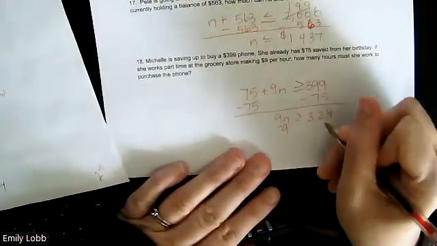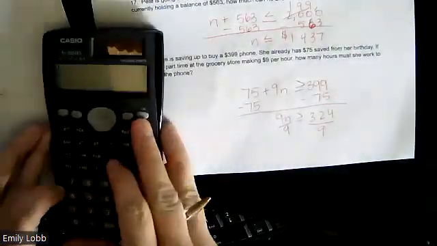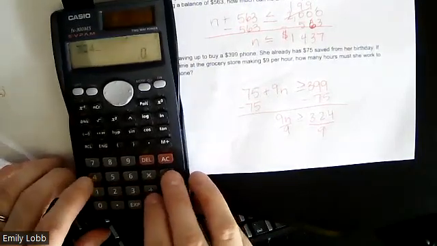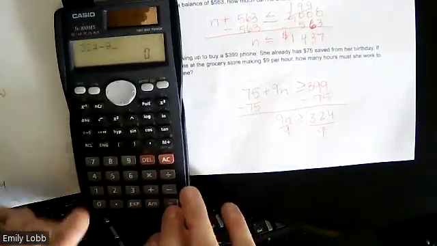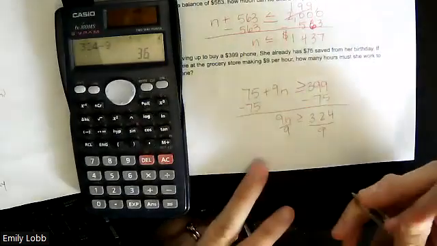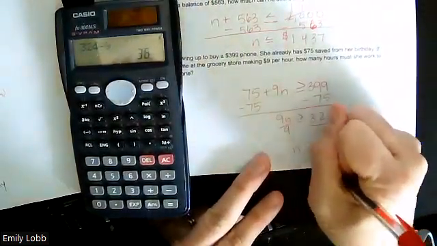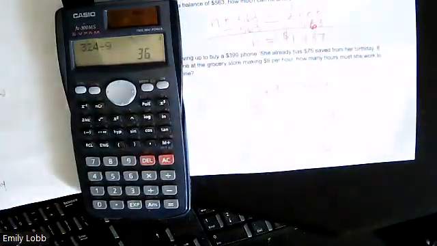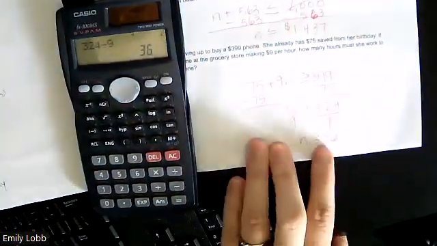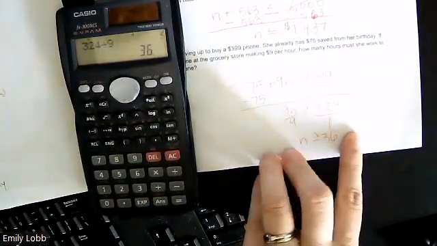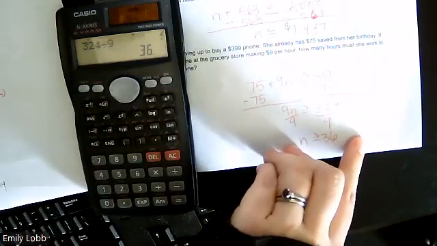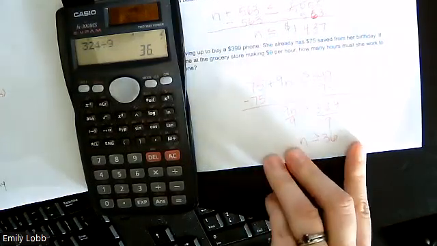Now when I divide by 9, 324 divided by 9 is 36. So she's got to work at least 36 hours, or 36 hours or more. That's not even a week's worth of work.